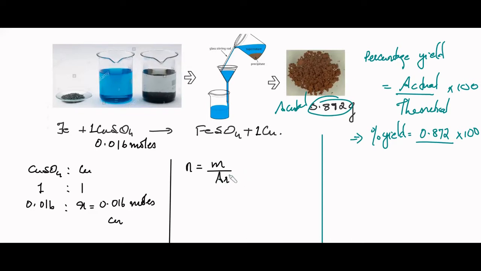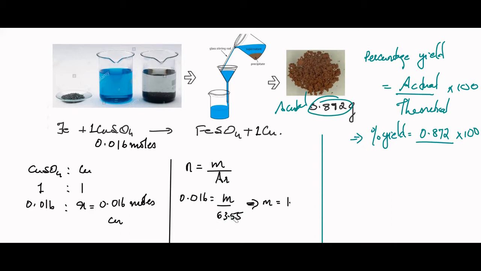So number of moles 0.016 is equal to mass, which is what we are supposed to calculate and is unknown to us, over the atomic mass of copper, 63.55.